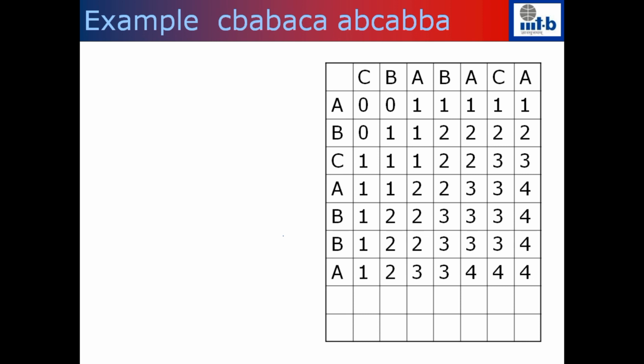Now let's try to understand how to do the backtracking, and can we do the backtracking to figure out what is the sequence which has the longest common subsequence. So we know that the 4 here is the length of the longest common subsequence. So we want to figure out what is the sequence which is common to both of them, whose length is 4. So now we go here and ask the question, how did this 4 come from?